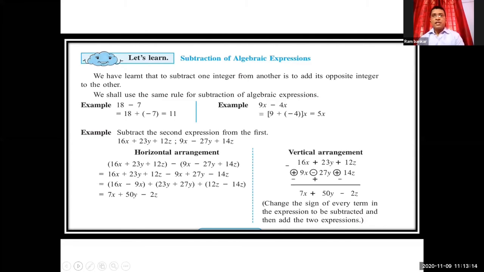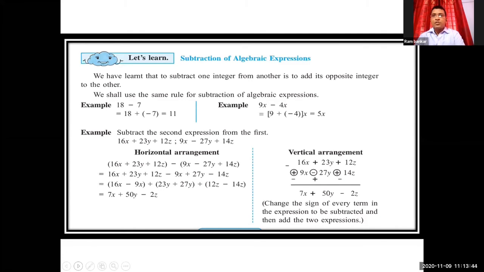Horizontal arrangement and vertical arrangement both arrangements are given. Look at the first step. We have to remove the bracket. 16x plus 23y plus 12z minus 9x plus 27y.